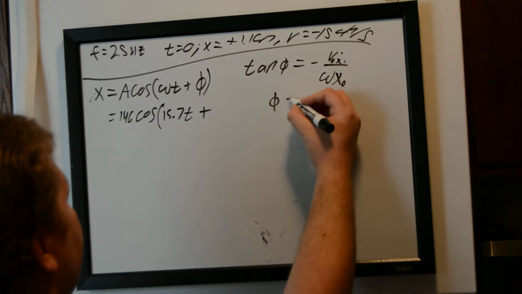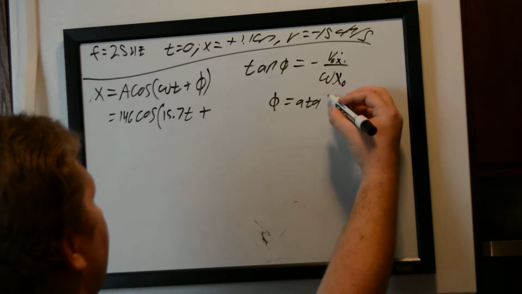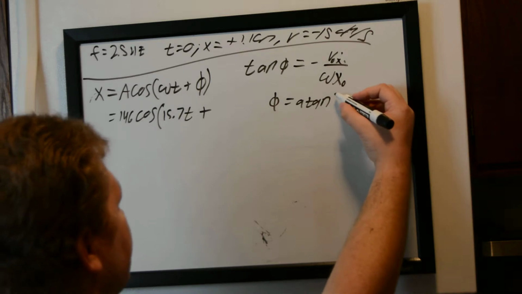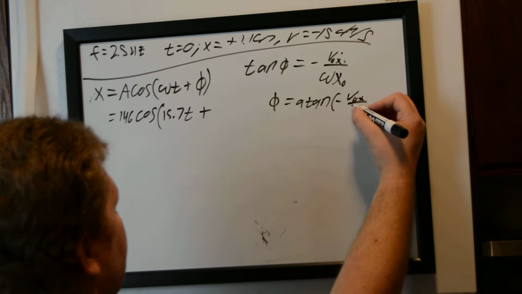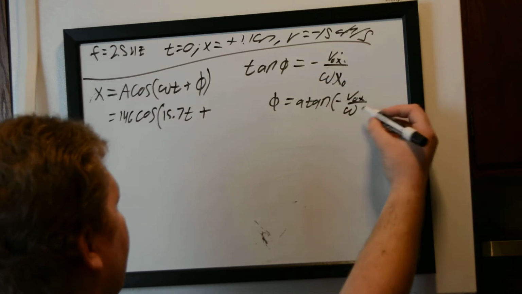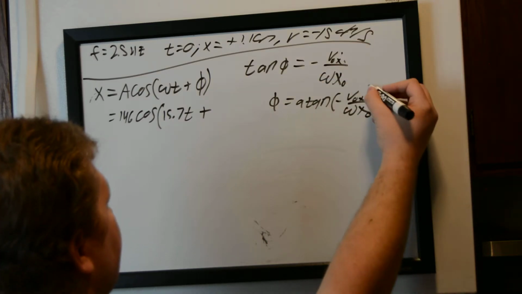So now we know that phi is equal to the arctangent of the negative starting velocity in the x direction over our angular velocity times the starting position.